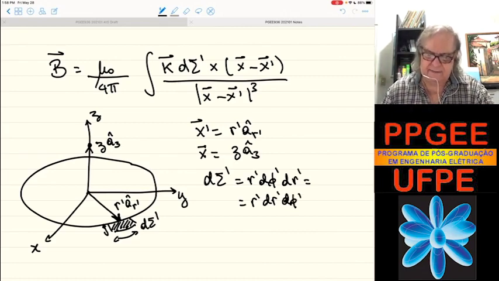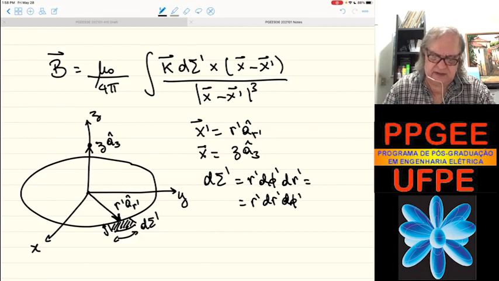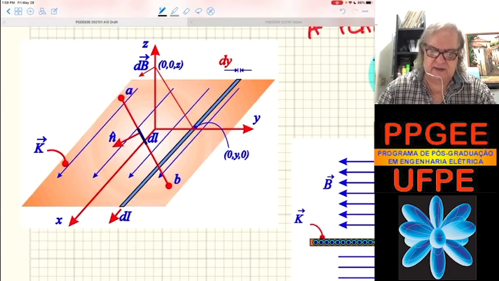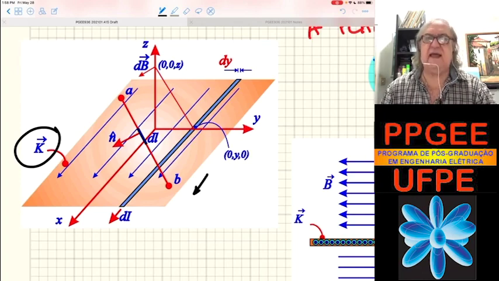And K is a constant vector: it's K0 a_x in our construction. K is a vector that is constant along the x direction.